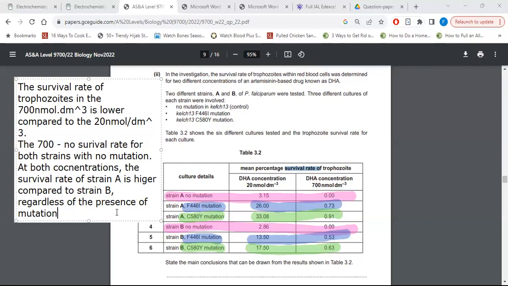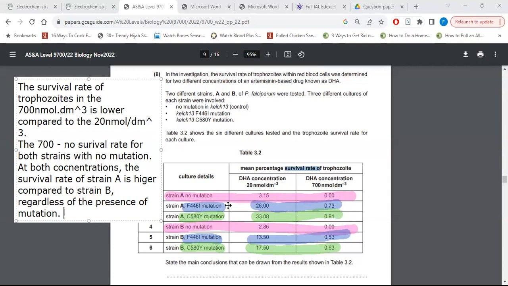Then let's compare the mutations with no mutation. You can clearly see that the presence of mutation is beneficial to our pathogen. Why? Because the survival rate is higher with the mutation as compared to without the mutation. If there is no mutation, for example, at 700 concentration, the survival rate is 0. But with mutations, there is still some survival rate present.